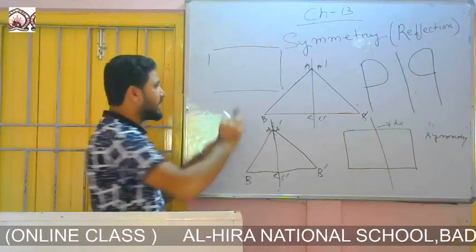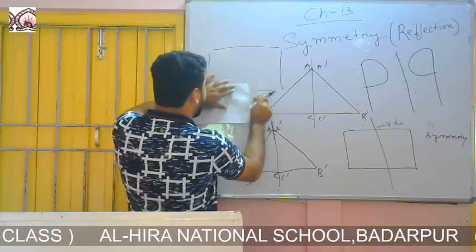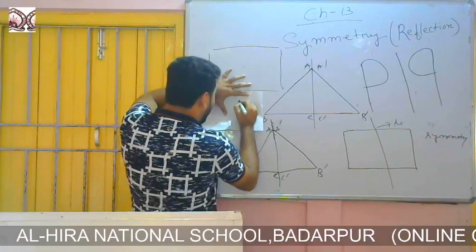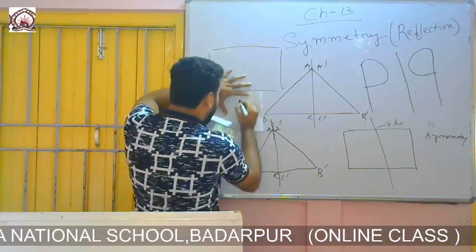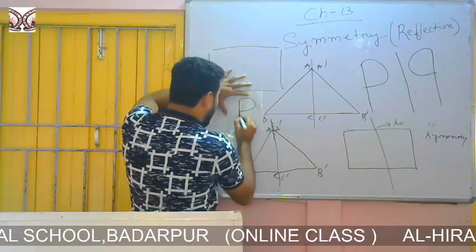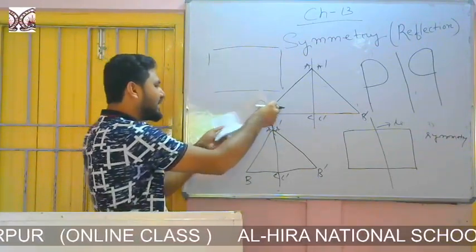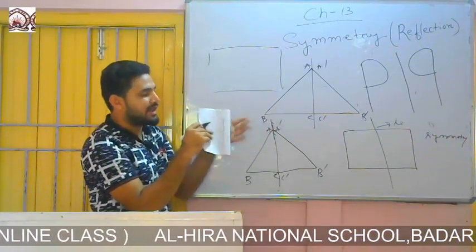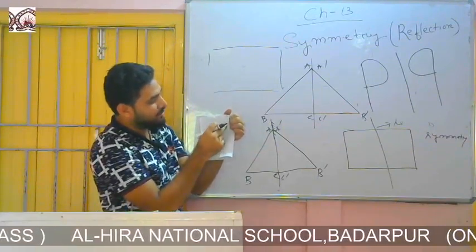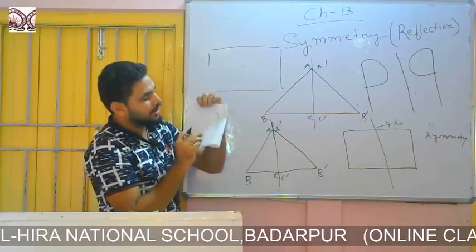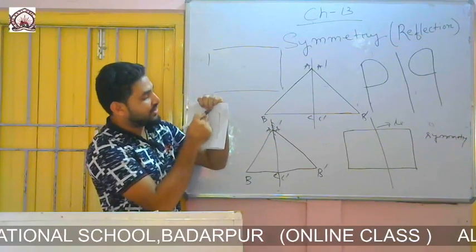Suppose if I write P here, then the reflection will be just the opposite of this one. You see, you get an opposite shape.